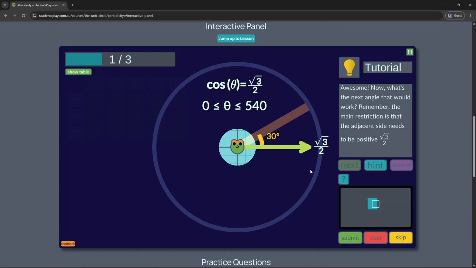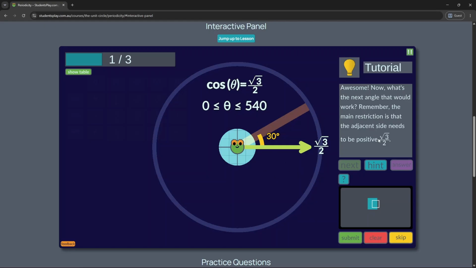So we go C, A, S, T. And because cos is positive root 3 on 2, we need to look for angles that are in the C quadrant, which is down here, and the A quadrant, which is up here. So A for all the things are positive. C for just cos is positive down here. So yeah, we want that and we want this.